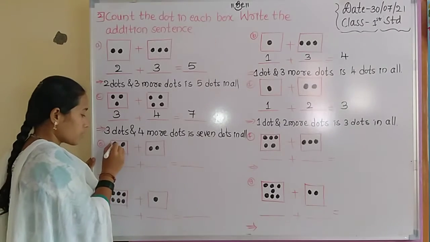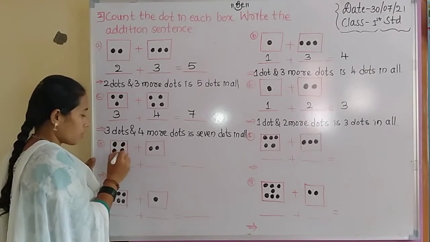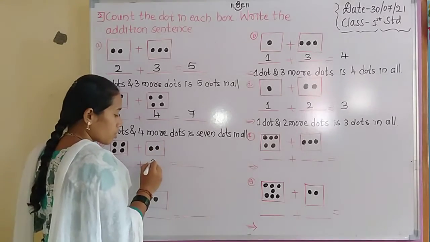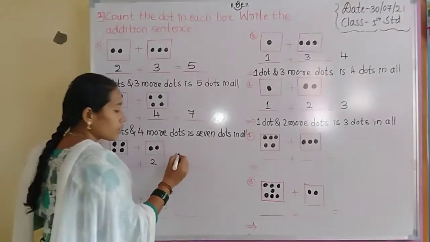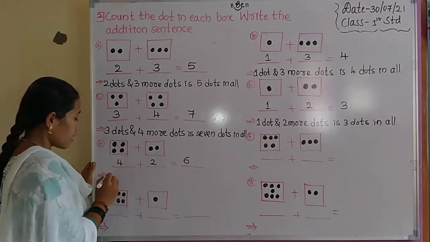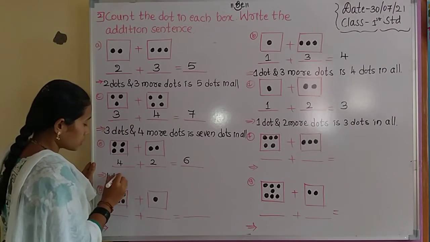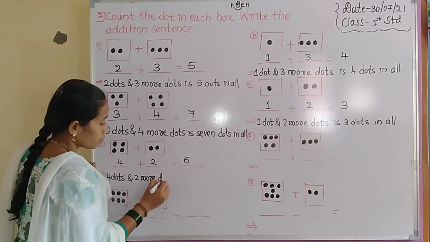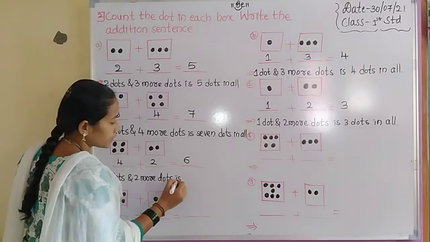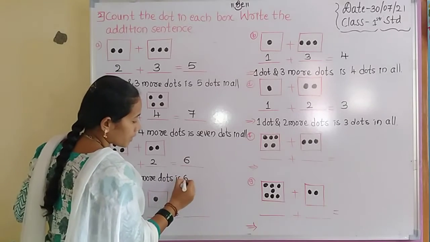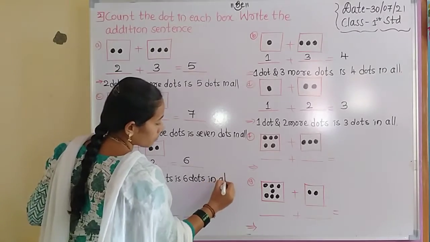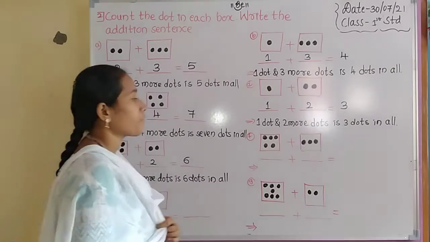See, 1, 2, 3, 4. 4 dots, so write here 4. And the second box contains 2 dots, and 2 plus 4 is equal to what? Very good, 6. So here we have to write 4 dots and 2 more dots is how many? Very good, 6 dots in all.